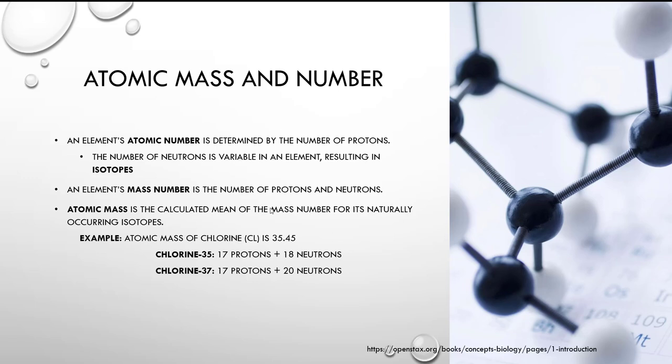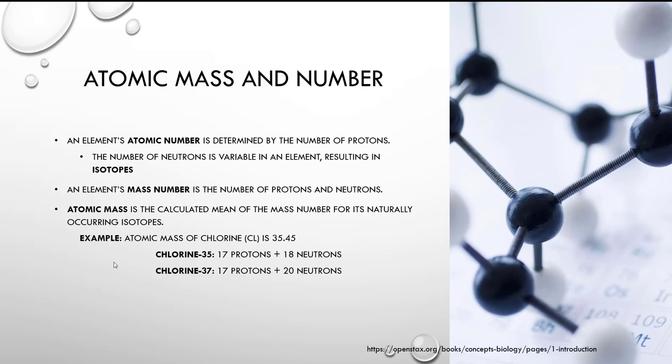This explains why we have this weird number here. Instead of just 17 protons plus 17 neutrons equals 34, we don't have a whole number. We have an average of all the naturally occurring isotopes, so we're going to have a different number than that.